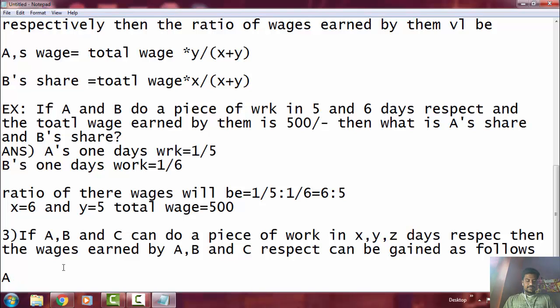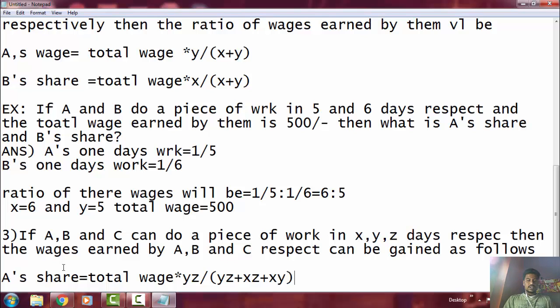Now A's share is equal to total wage into YZ divided by YZ plus XZ plus XY.